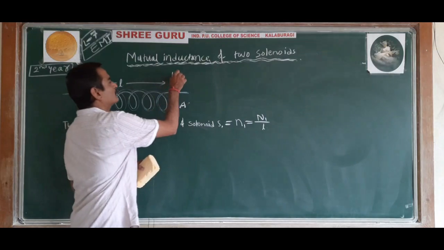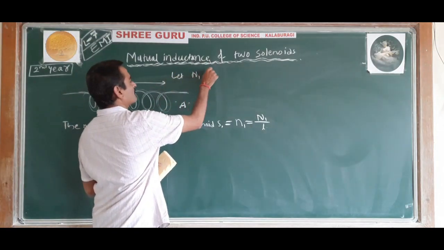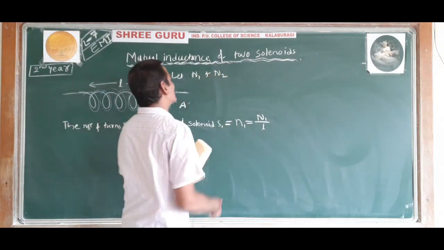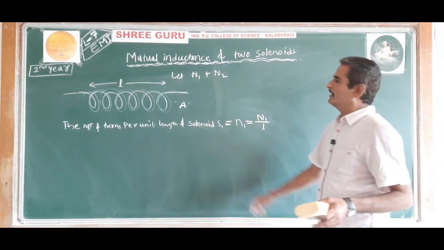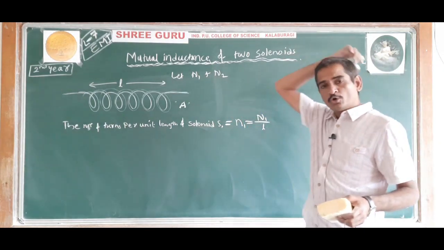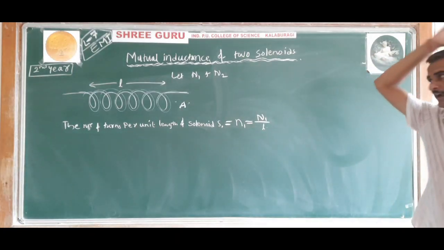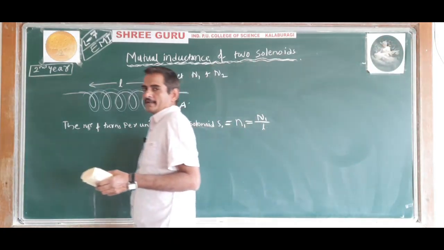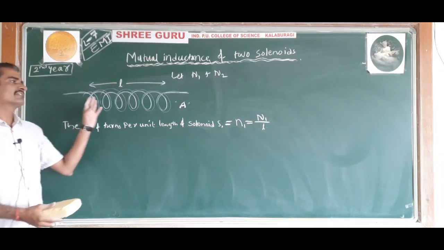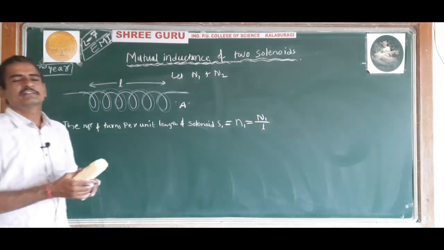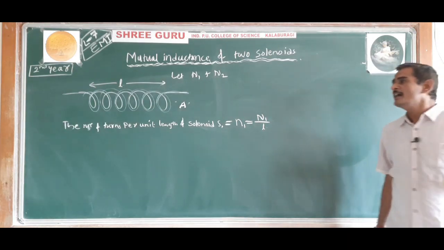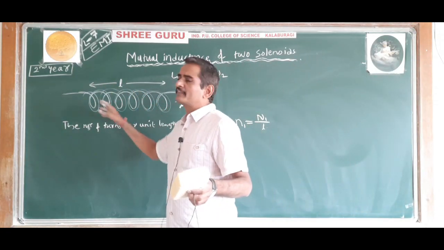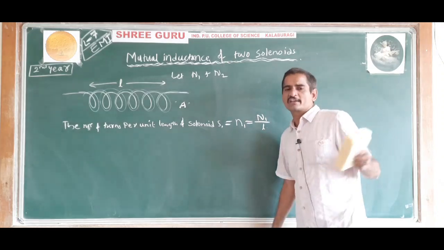Let N1 and N2 be the total number of turns on the solenoids S1 and S2 respectively. Consider two solenoids S1 and S2 such that S2 completely covers S1, let L be the length of each solenoid and A the cross-sectional area of each.